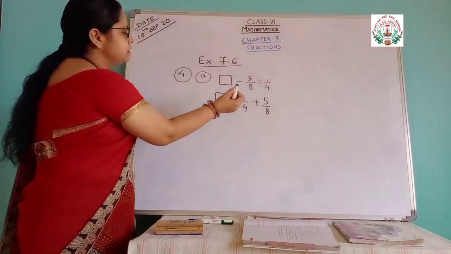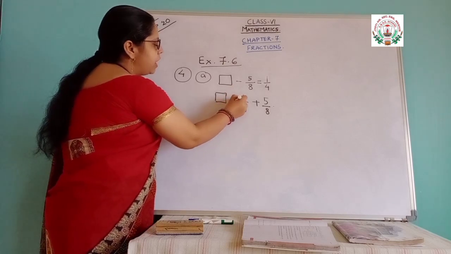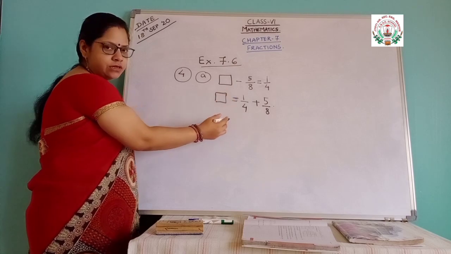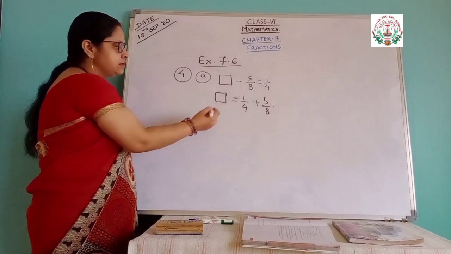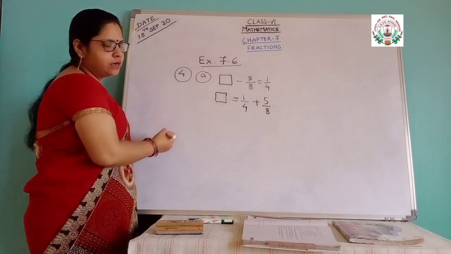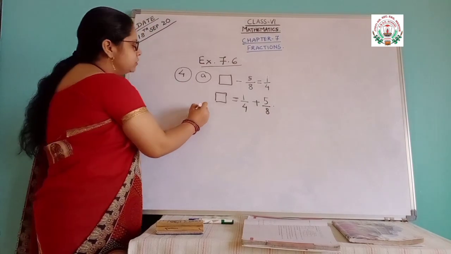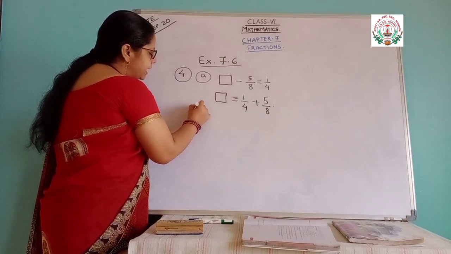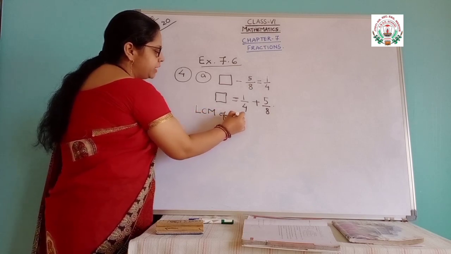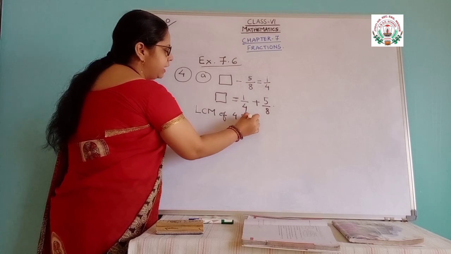Okay, so now this is the equation. Now how to solve this, adding the fractions? You know how to add. So 4 and 8, different denominators are there, so we are going to take the LCM of the denominators 4 and 8.